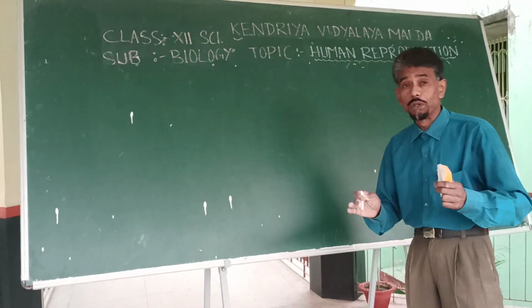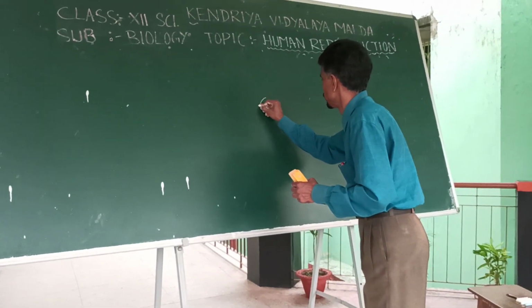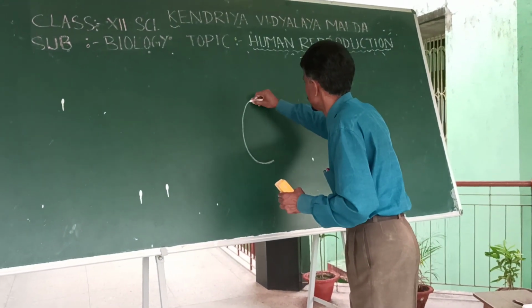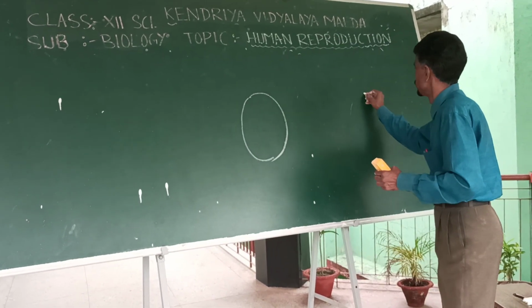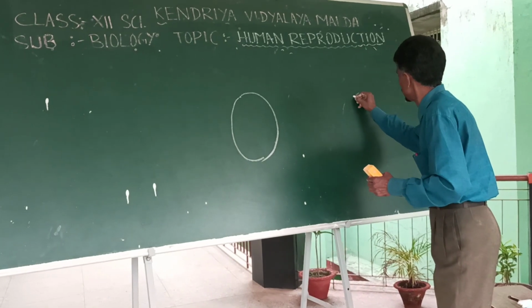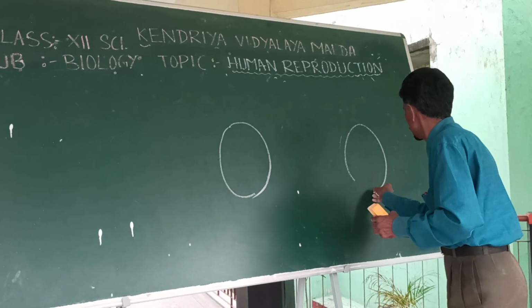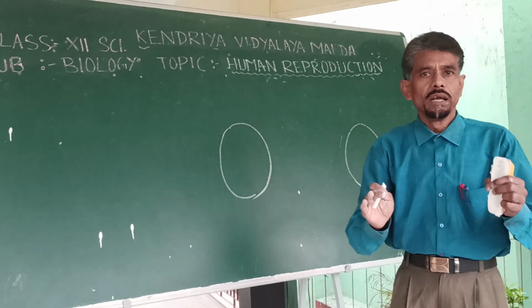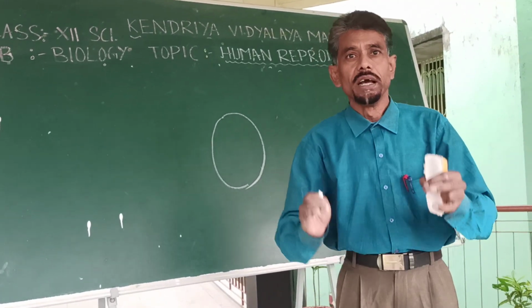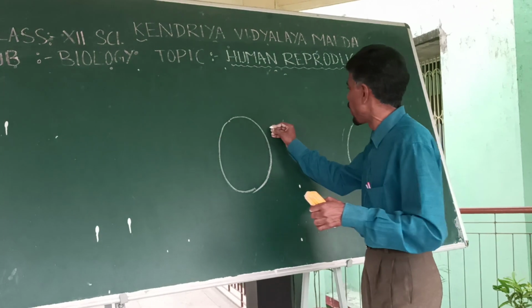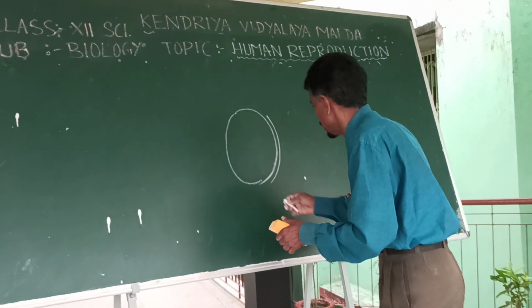So a pair of ovary, ovary lies outside the abdominal cavity, remaining suspended within a pouch called scrotum. So this is the scrotum.